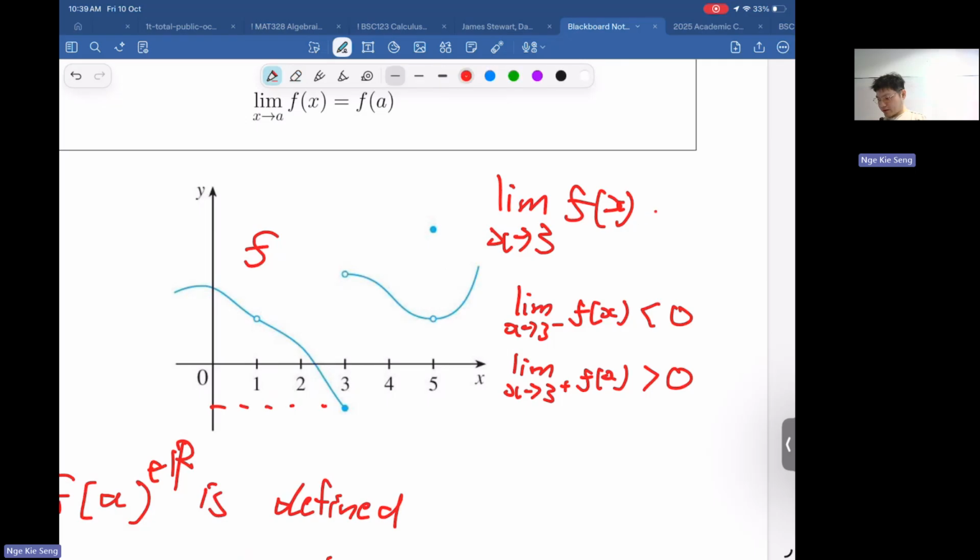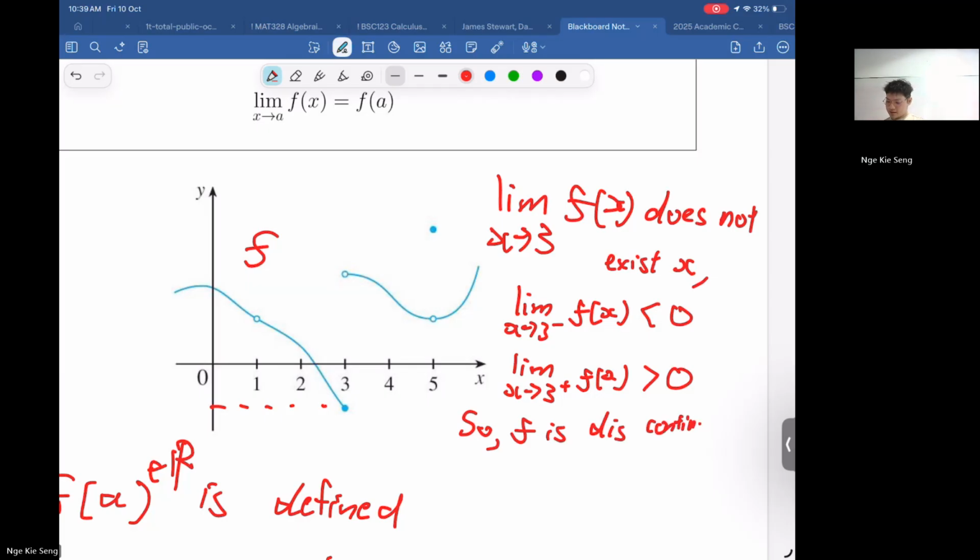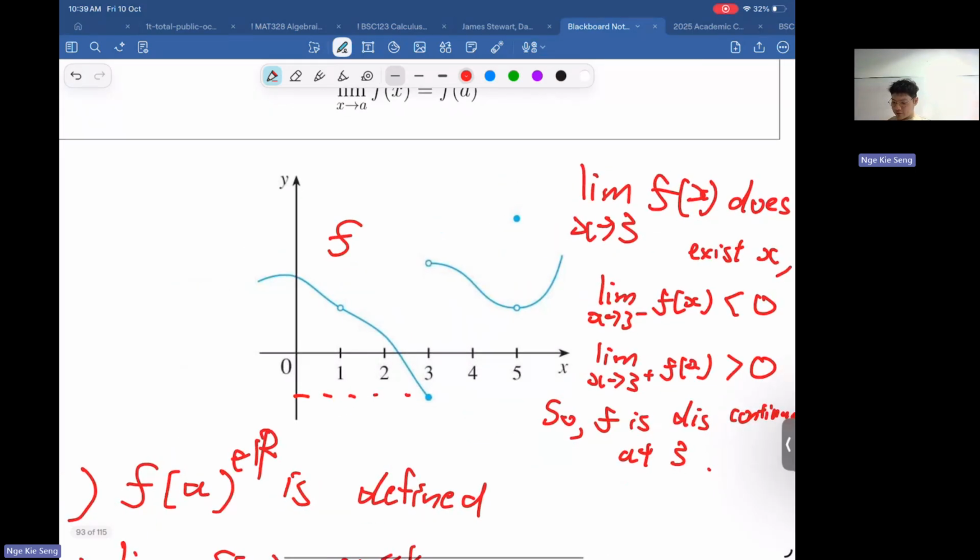So the limit as x goes to 3 does not exist. You can see from the graph also that left and right don't match up. So in this case, f is discontinuous at 3.